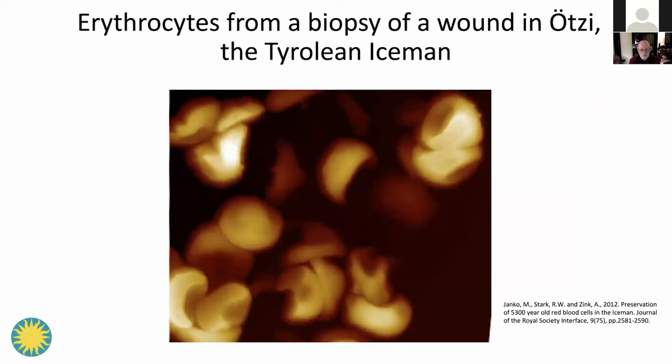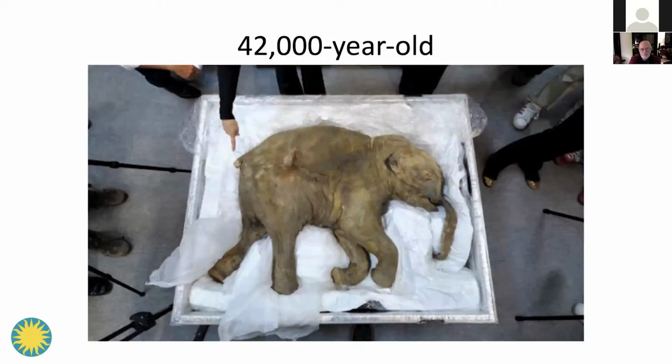These are erythrocytes, red blood cells that were found in Ötzi. There's been a huge amount of work by medical folks on Ötzi's condition. But Ötzi isn't the only mummified mammal from shallow time.